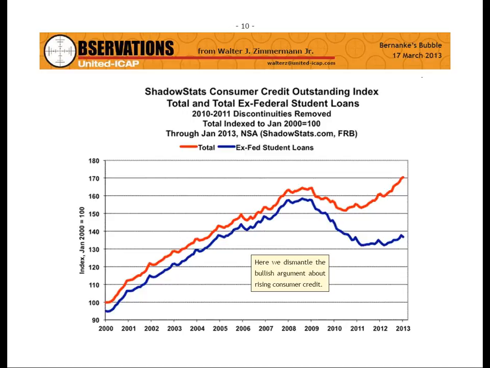Here we look at the whole issue of, well, wait a minute, consumer credit has broken out to new highs. Isn't that bullish? Well, the total consumer credit is in red here. And this is total consumer credit taking out student loans.